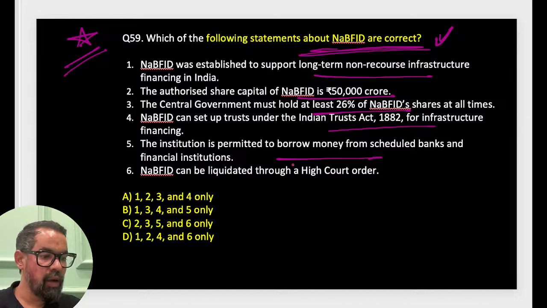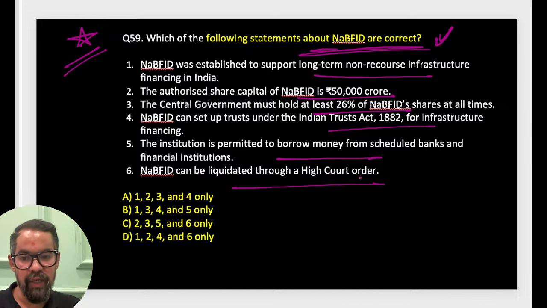Okay, B. Maximum people are saying B. First statement is true, okay. So NAFID, second statement, it was 1 lakh crores, okay. That makes this statement wrong.